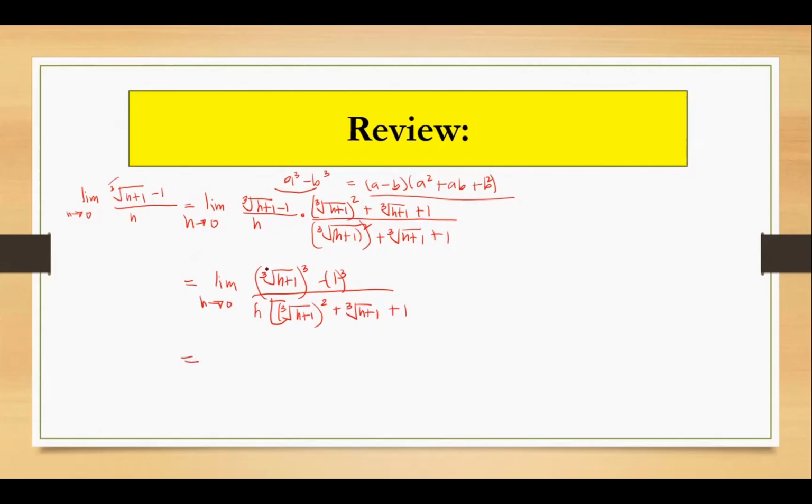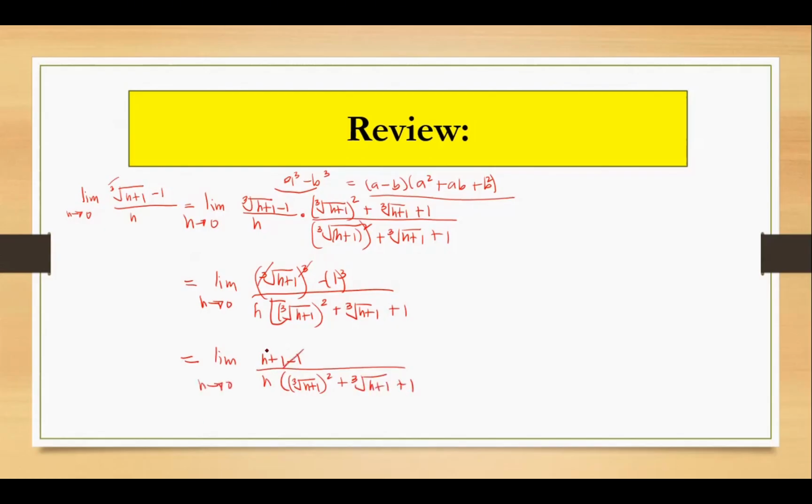Okay, so this one you may cancel, and then remaining here is the limit of h plus 1 minus 1 all over h times the cube root of h plus 1 squared plus the cube root of h plus 1 plus 1 as h approaches 0.